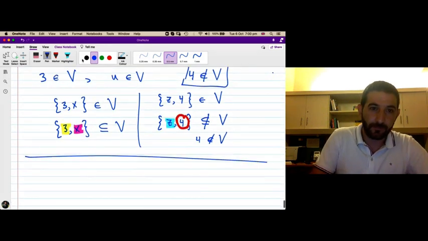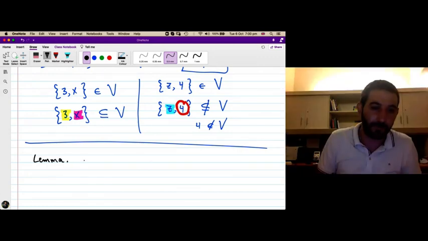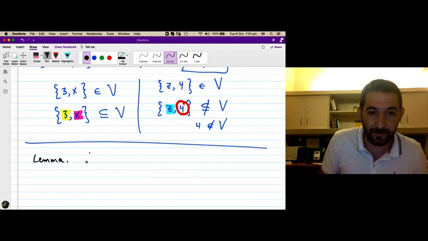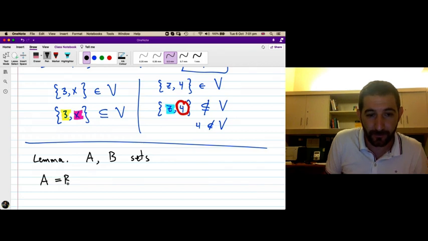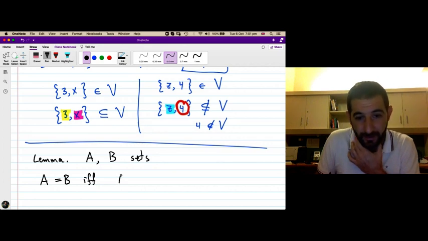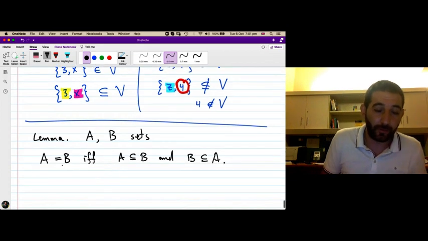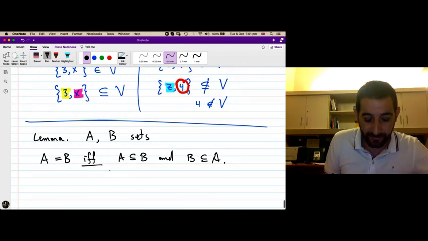Okay. Now, I'll leave this lemma. Lemma means a small theorem. I'll leave it for you to prove that if A and B are sets, then A is equal to B if and only if A is a subset of B and B is a subset of A. Remember, this is an if and only if statement.